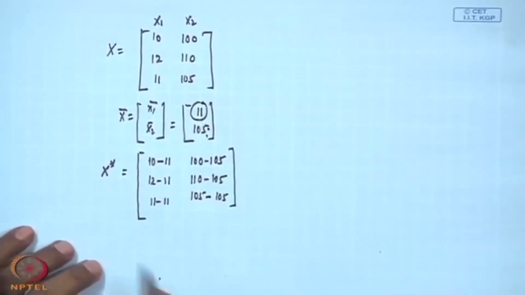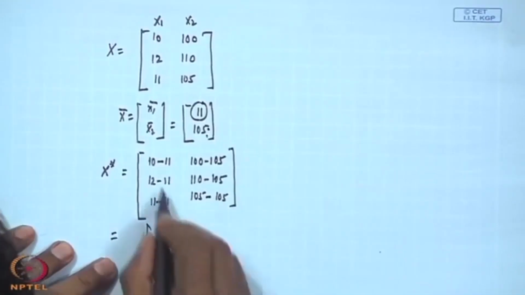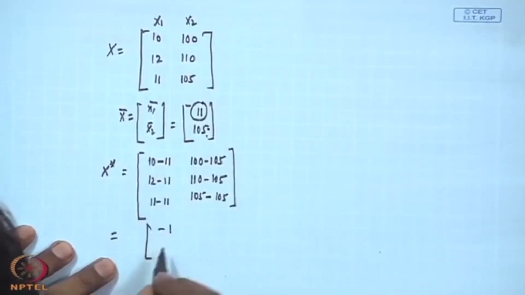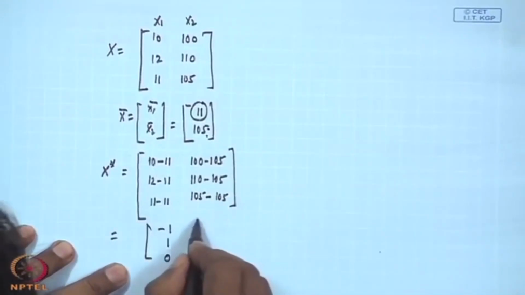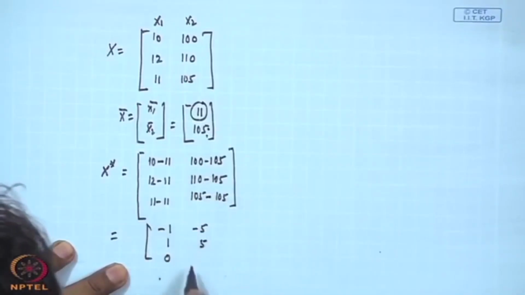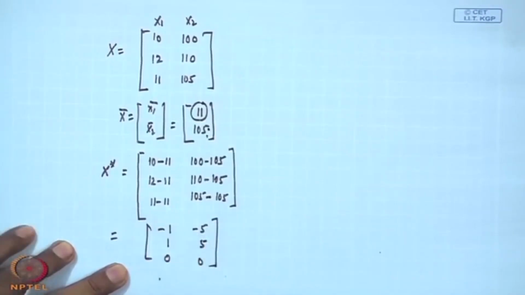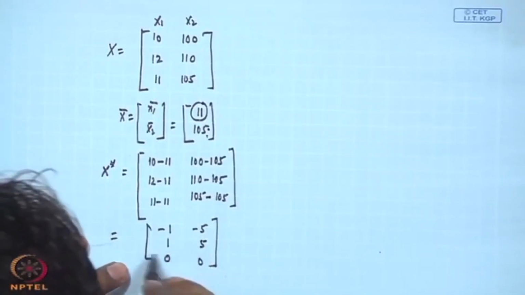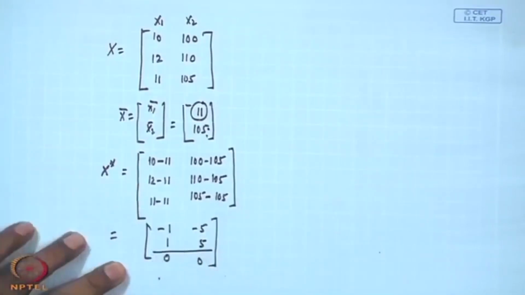You get minus 1, plus 1, 0, then minus 5, plus 5, 0.